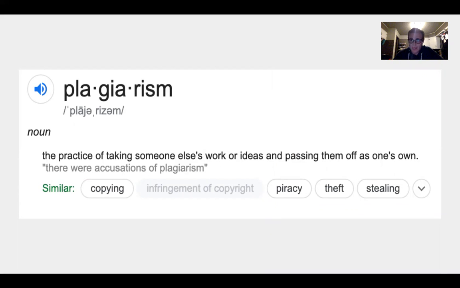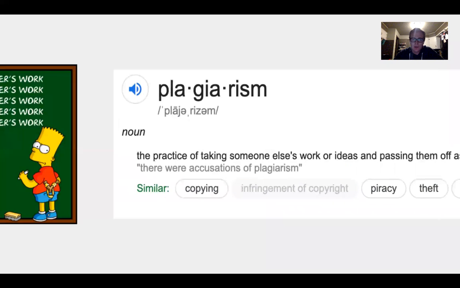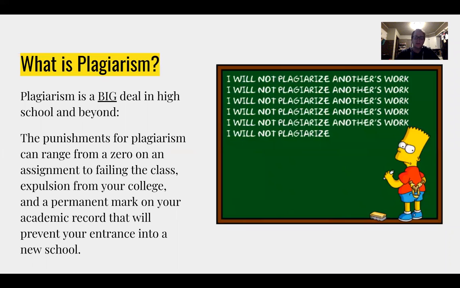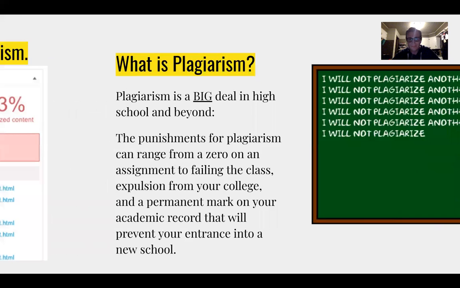So if we can avoid that, that's usually pretty good, especially considering the ramifications and consequences that can follow if we are caught plagiarizing. You can get a 0 on the assignment, or you can fail the class. You can be expelled from a university, depending on how drastic it is. So it's something to be taken seriously for sure.